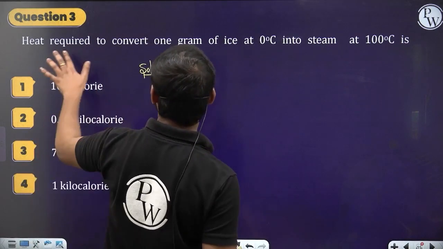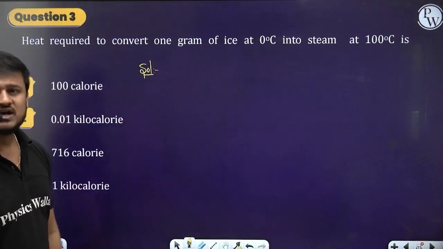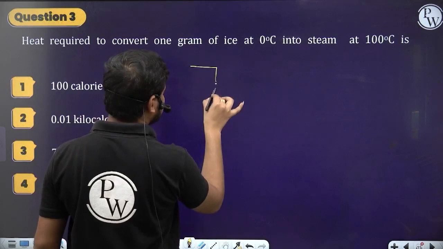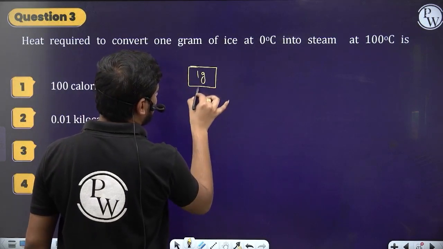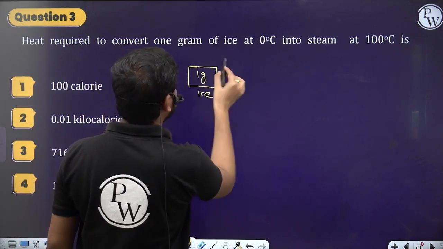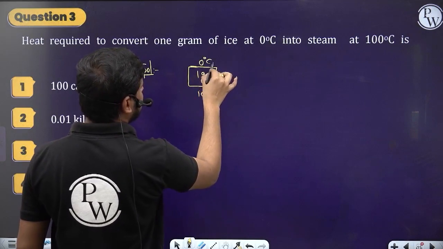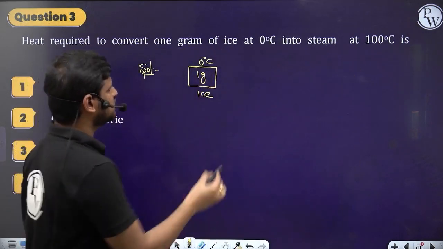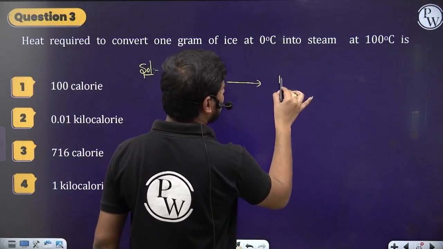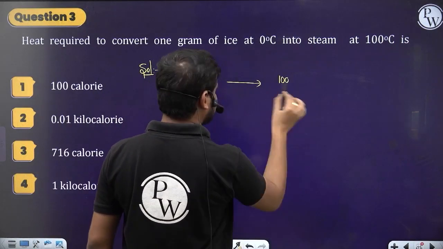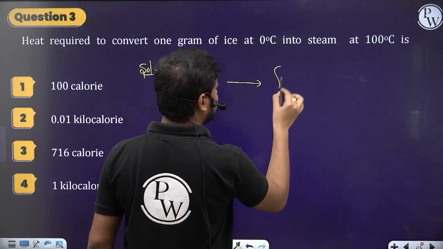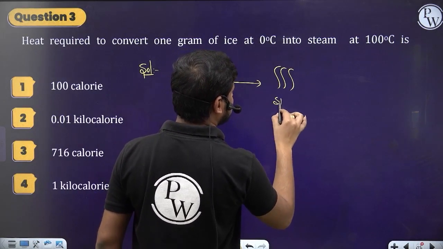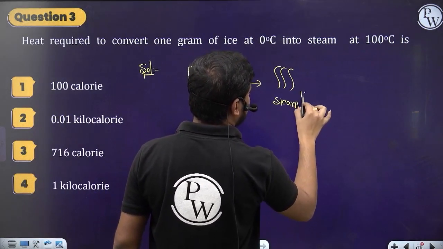So here is the ice, 1 gram of ice, which is at 0 degrees centigrade. It has to convert into steam at 100 degrees centigrade. So the final we require is steam which is at 100 degrees centigrade.